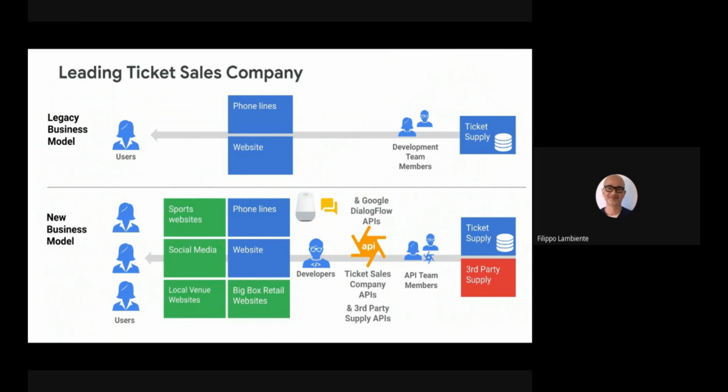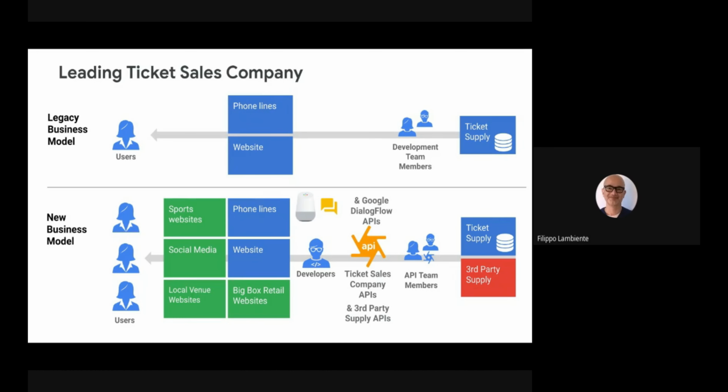API that allows access to the backend systems, like the ticket supply system and third-party supply system, and wrapped this asset into API products that could be easily embedded into specialized vertical channels, like a specific website for the sport, social media, kiosks, and so on.